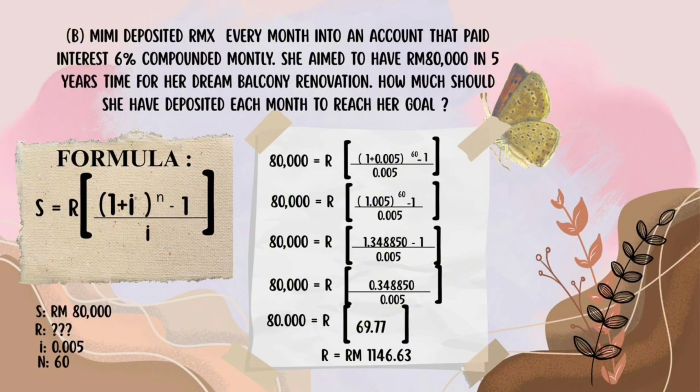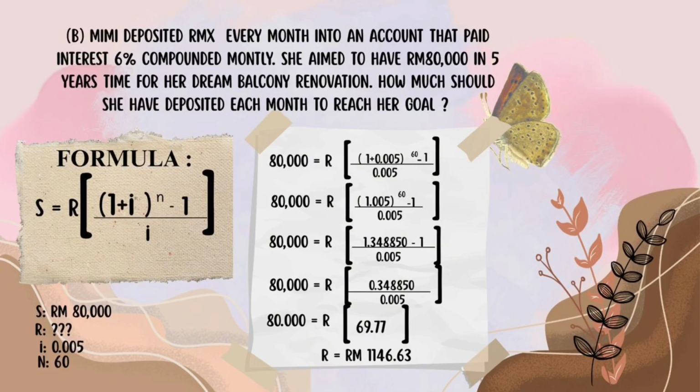So S, replace with 18,000 ringgit, equals R, and we must put the numbers given in the question into our formula. 80,000 equals R [(1 plus 0.005) to the power of 60 minus 1] divided by 0.005.